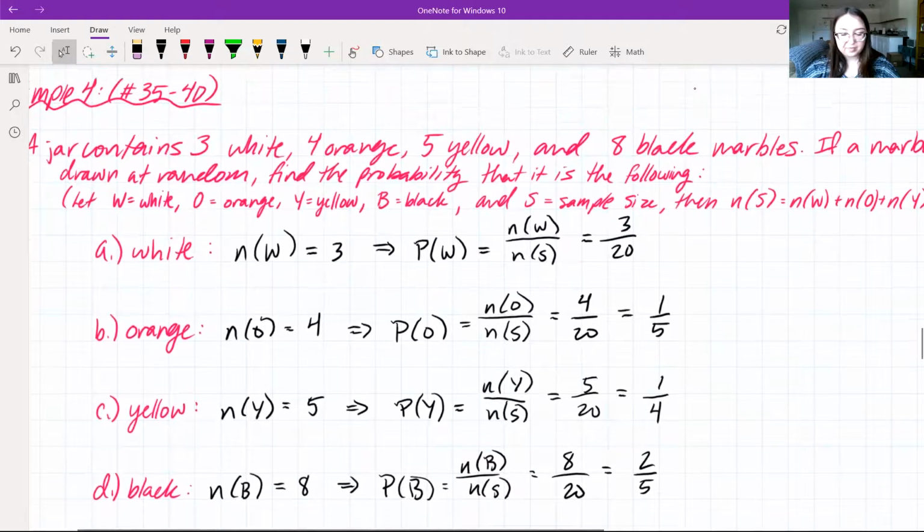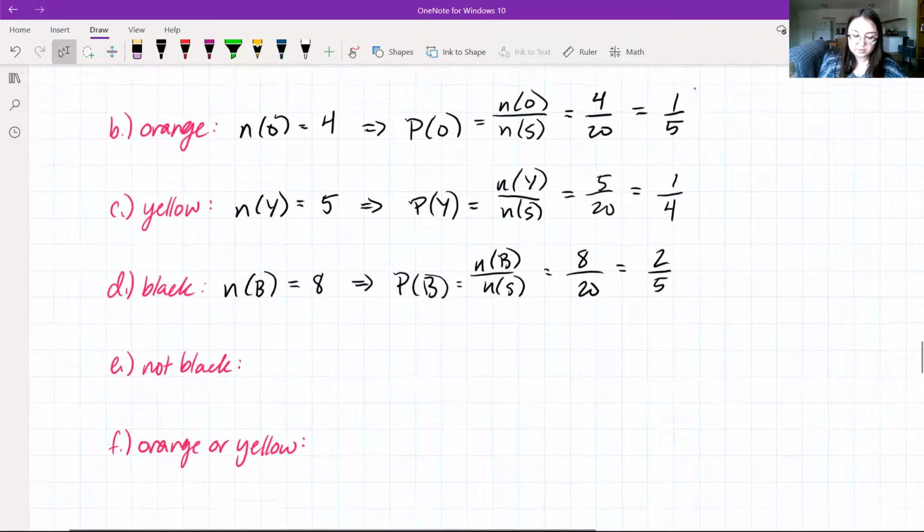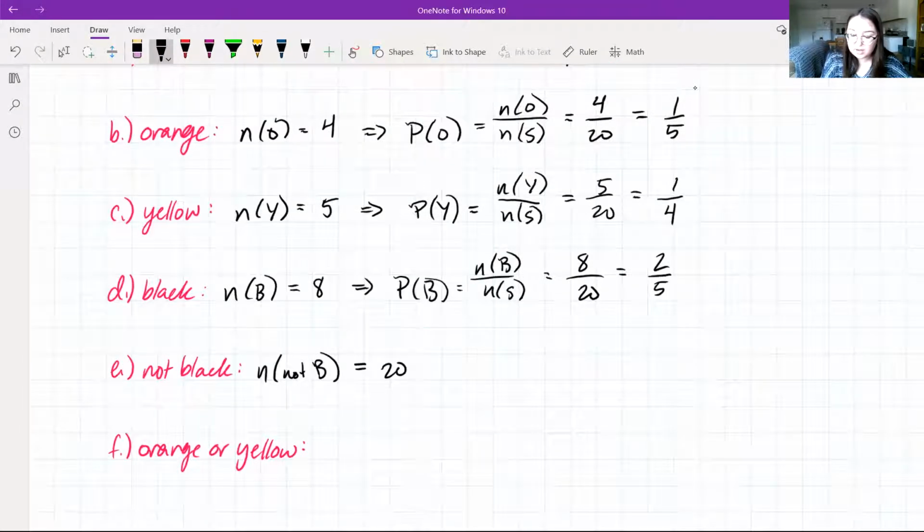So if we have 8 black marbles, and we know that our jar contains 20, what we're going to do is say n of not B is going to be our sample size minus our number of black marbles. So we're going to have 20 minus 8. And that's going to be equal to 12.